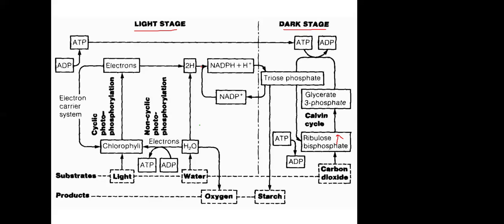Now, if there is limited availability of carbon dioxide, it means that the rate at which RuBP combines with carbon dioxide to form the 6-carbon compound is reduced. Now, this leads to an accumulation of RuBP molecules in the system, resulting in higher levels of RuBP. Yeah, maybe that one. Okay, I think now that is much more clear and much better.